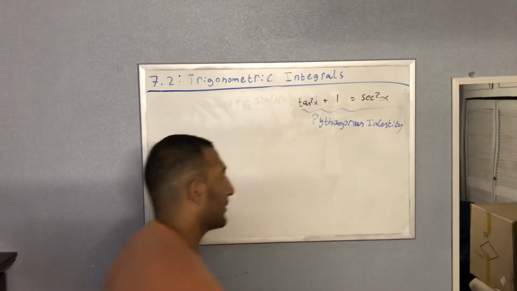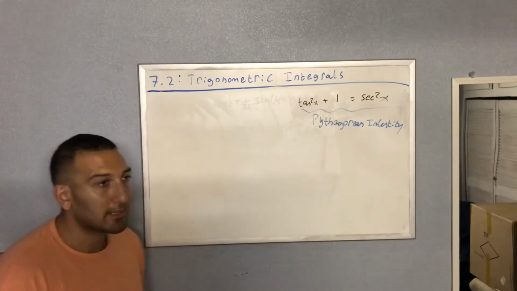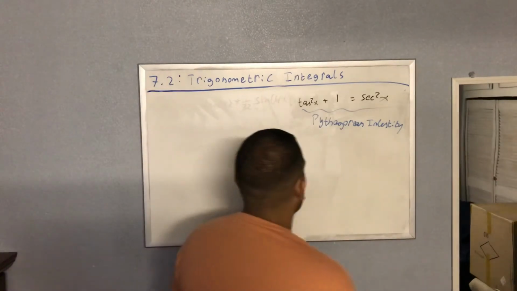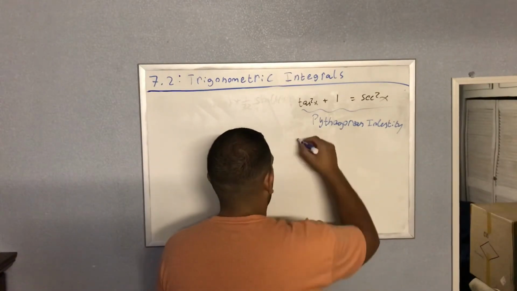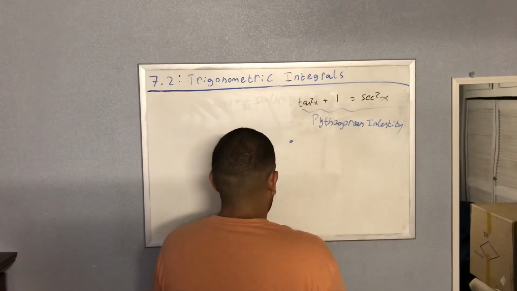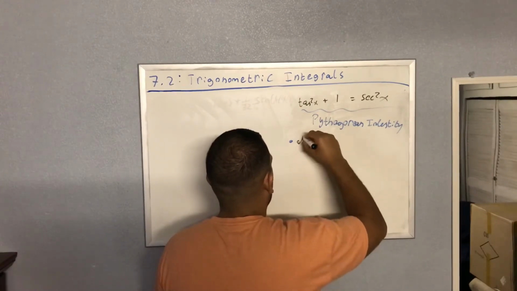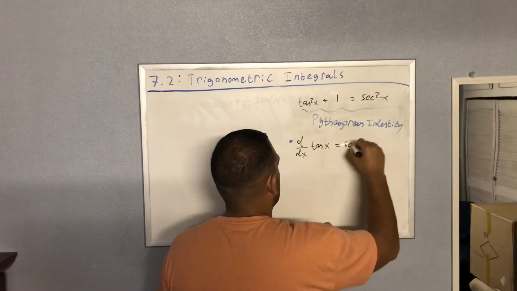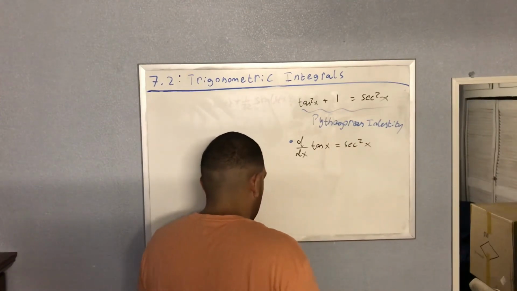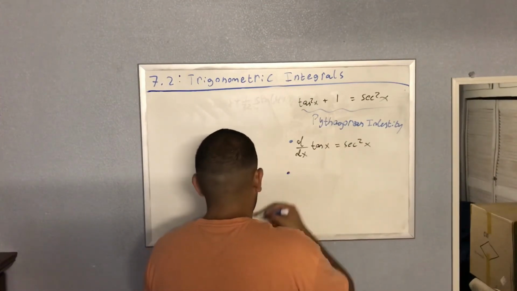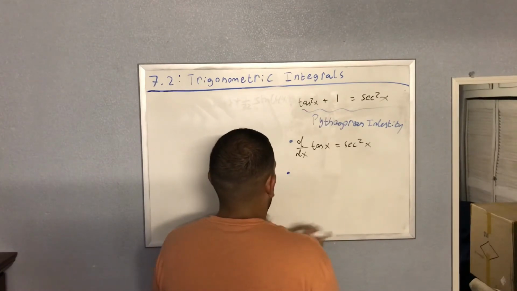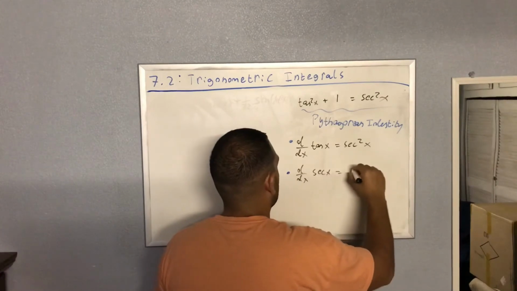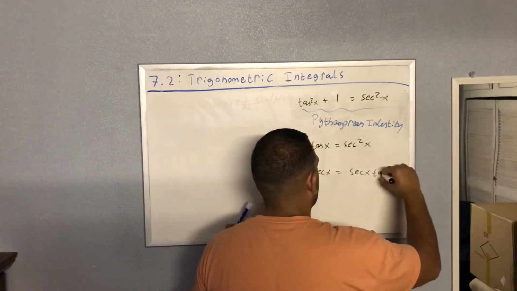Now this is already one relationship between tangent and secant, but that's good. But there's also derivative formulas that connect them as well. Remember, the derivative of tangent was secant squared, and the derivative of secant was secant x times tangent x.